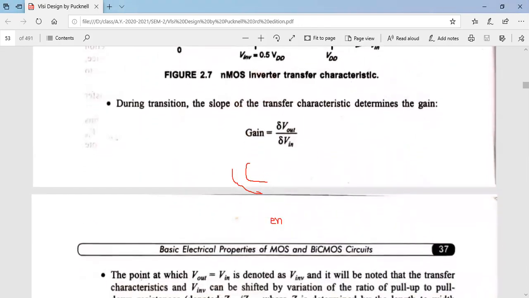You can see the transfer characteristics. To determine the gain, it is the change of partial V out by partial V in.